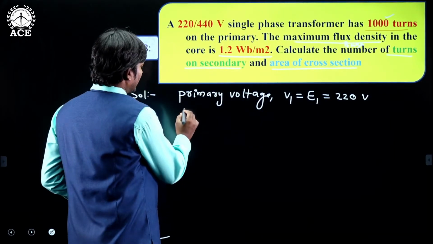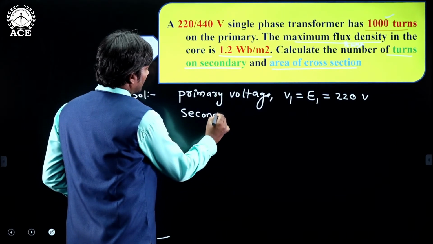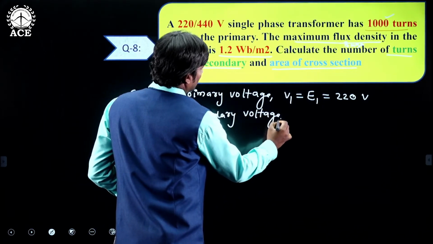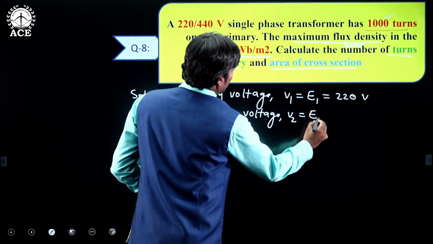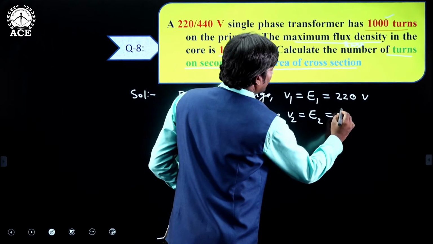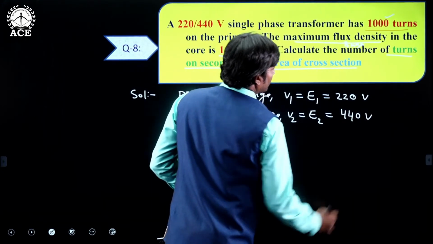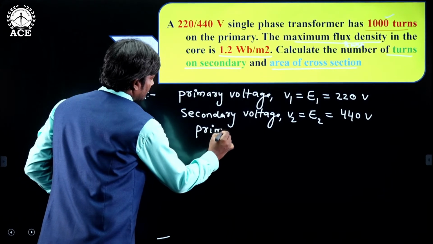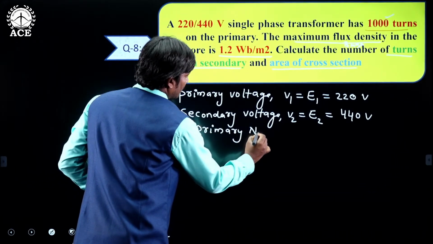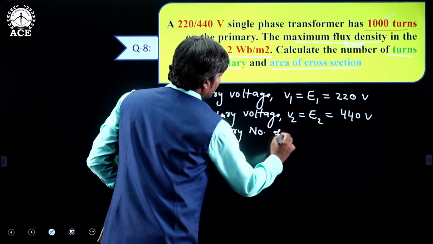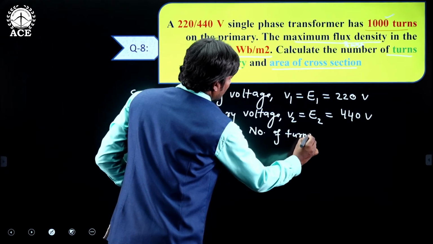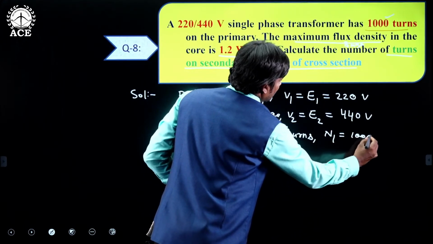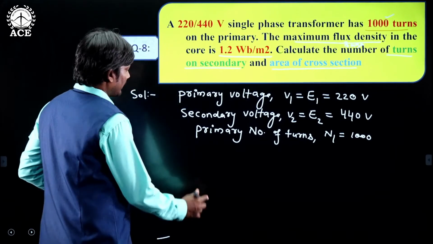Now the secondary voltage V2 is equal to 440, and the primary number of turns N1 is given as 1000, and the maximum flux density.